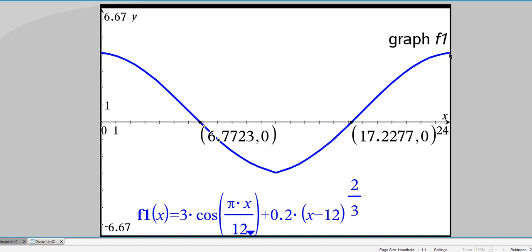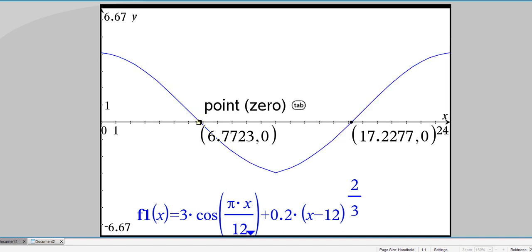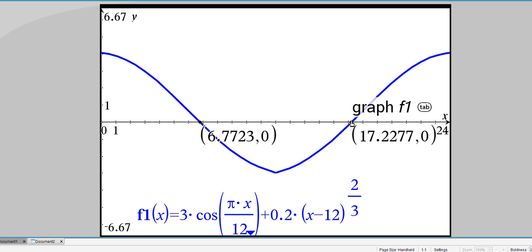Well, what does that mean? If the rate of change is positive, then the quantity being measured is increasing. So the depth of the water is increasing, the depth of the water is decreasing, the depth of the water is increasing.